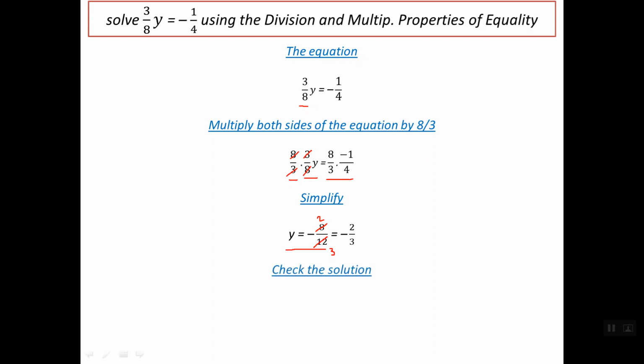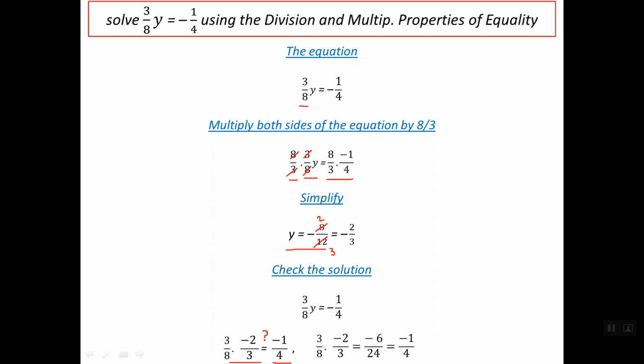Now we can check this solution. This is the original linear equation. Now we substitute for y, minus 2/3. So 3 divided by 8 times y, this is y, and the right side is minus 1/4. So we need to check the balance of this equation.